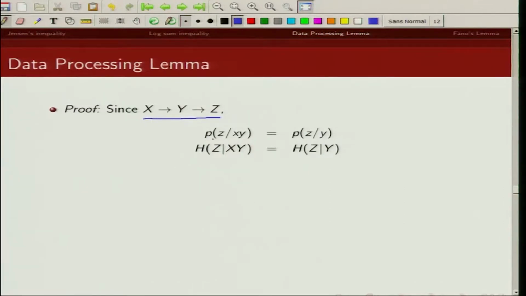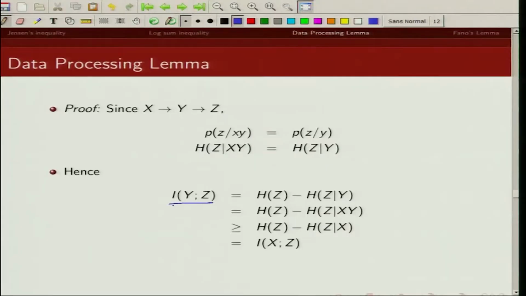So the probability of Z given X, Y will only depend on the probability of Z given Y, because X, Y and Z form a Markov chain. Or in terms of entropy, we can write uncertainty in Z given XY is the same as uncertainty in Z given Y. This follows from the point that X, Y, Z form a Markov chain.